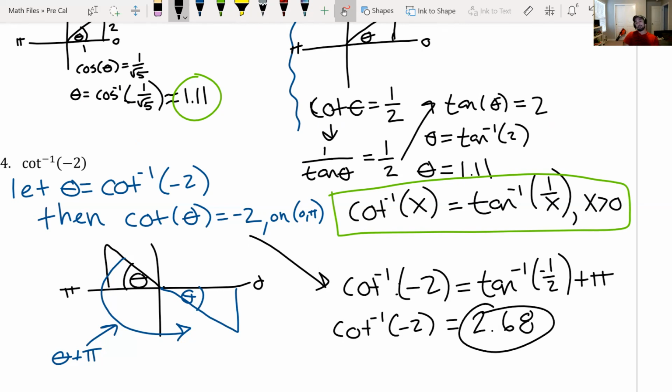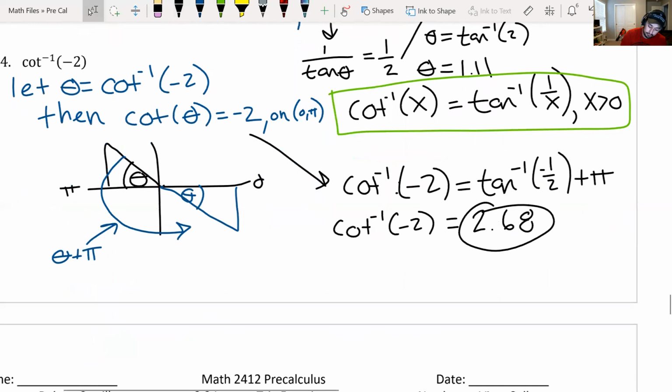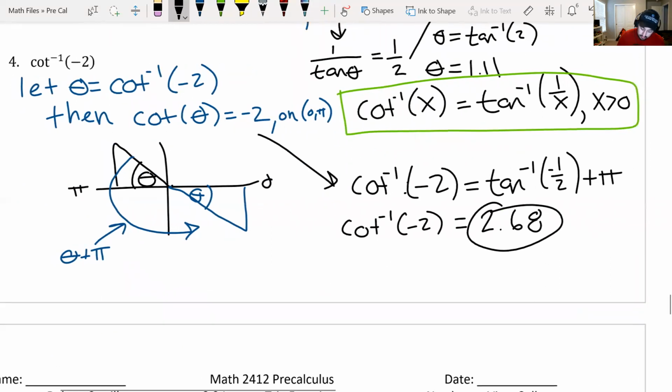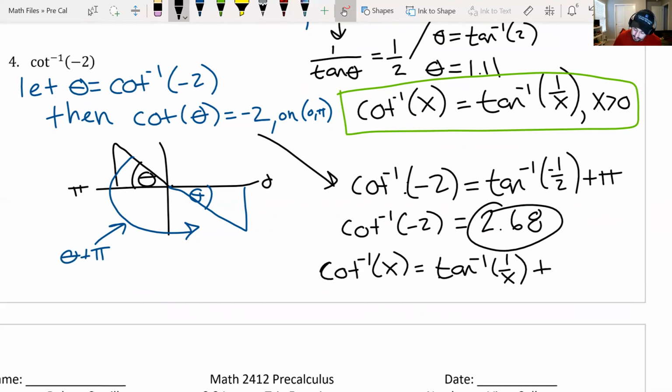There it is. So now we have one new formula, and that formula is the inverse cotangent of x is equal to tangent inverse of 1/x plus pi.